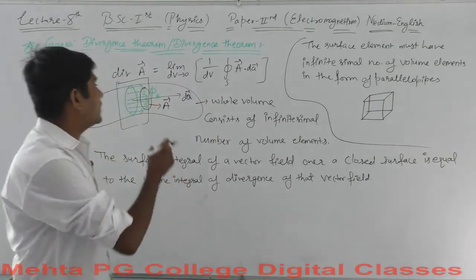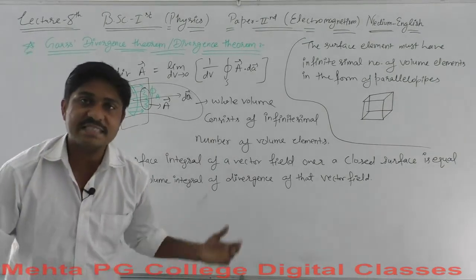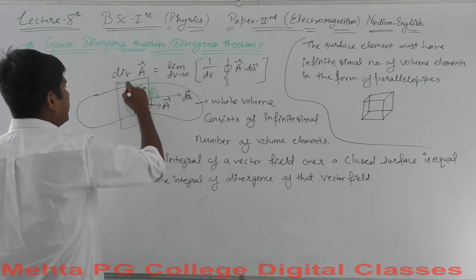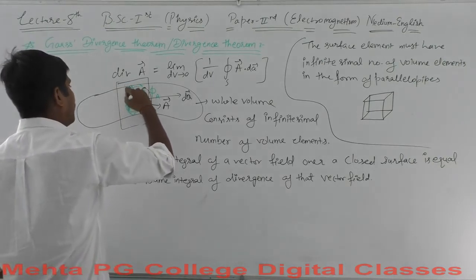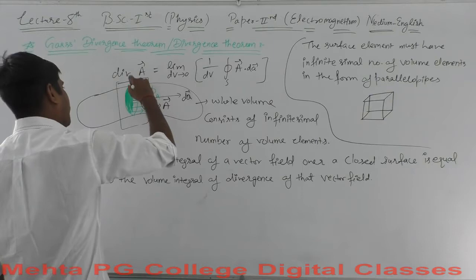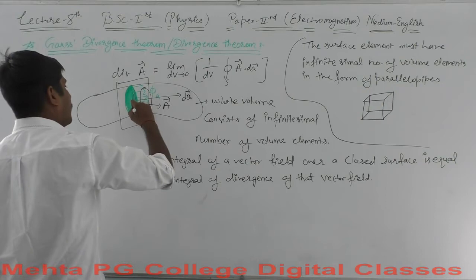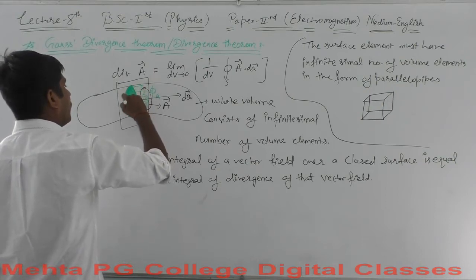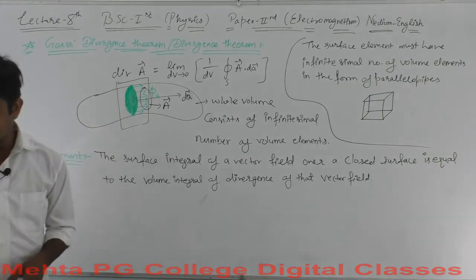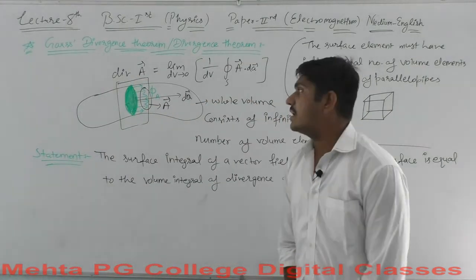This particular surface element is the only surface element which has all the answers to our questions. Let me color this again. This is the surface area which has all the confusions here, which is the reason why we are discussing and why we need Gauss's divergence theorem.